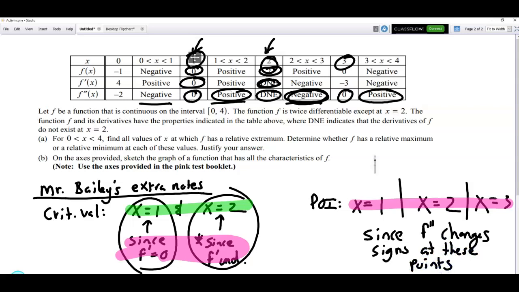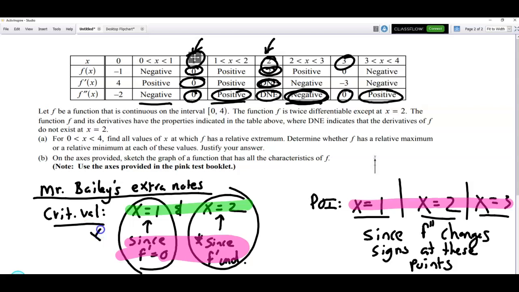So that's your explanation. You don't have to write a separate one for each one like I did over here. And the reason for that is because they all have the same explanation. Technically, this one changes from negative to positive. This one changed from positive to negative, and this one's negative to positive. But it doesn't matter what direction they change in for points of inflection, just so long as it changes.